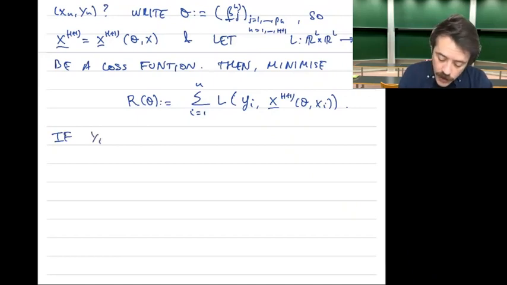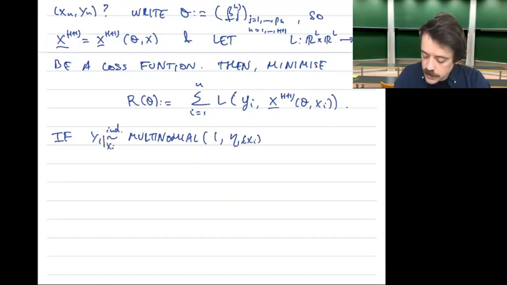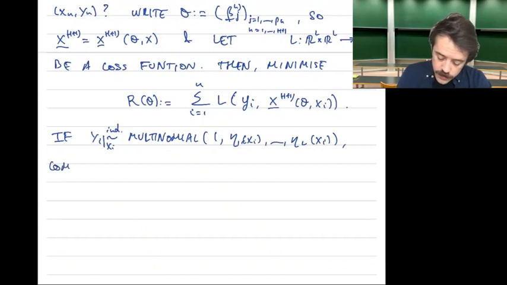So if the yi is independent, and in this case we now assume it as a model, multinomial with parameters 1 and then some etas, which may not be, of course, let me write here, given xi, eta capital L, xi. Then common choices.